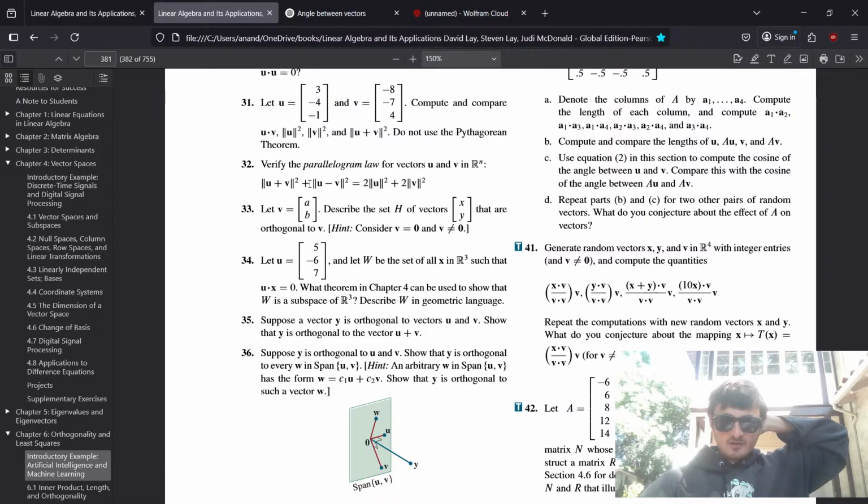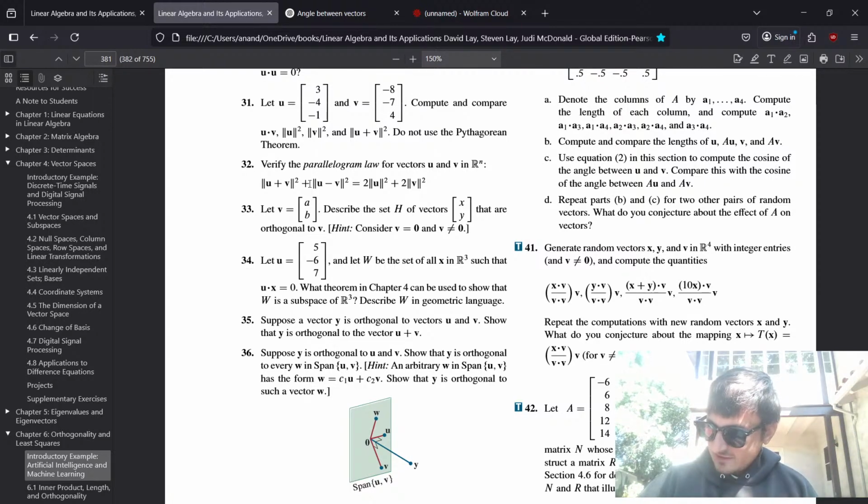They're saying the norm of U plus V squared plus the norm of U minus V squared is equal to 2 times the norm of U squared plus 2 times the norm of V squared.